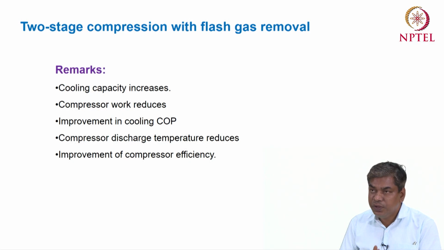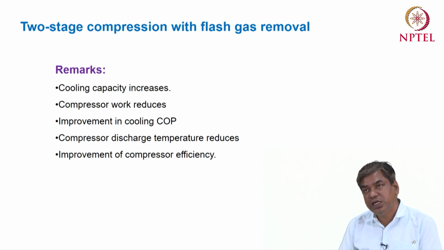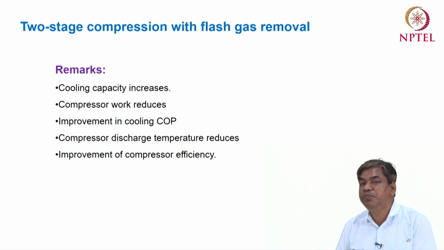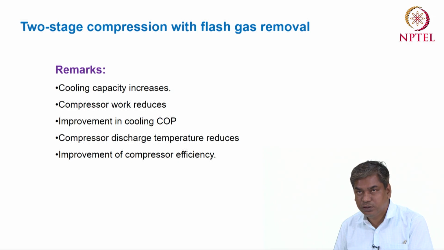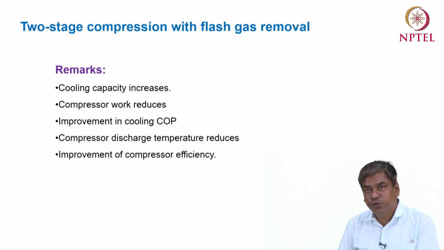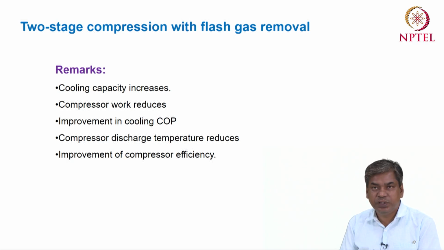Okay, so due to the improvement of the compressor isentropic efficiency of the two compressors, again we can get some compressor work reduction. For this case also, two types of effect we can get during the compression process.